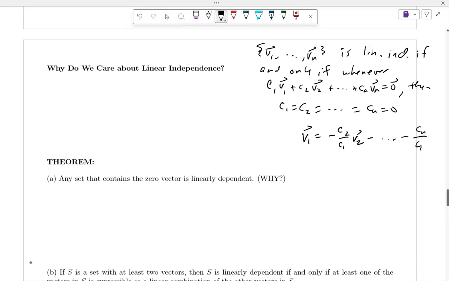If V1 was (1, 2) and V2 was (-1, -2), then they're not linearly independent, because they would be on the same line. They don't give different information.